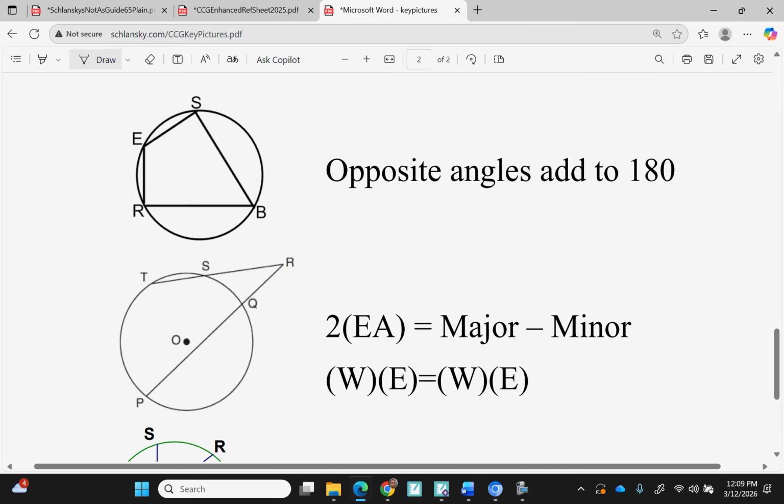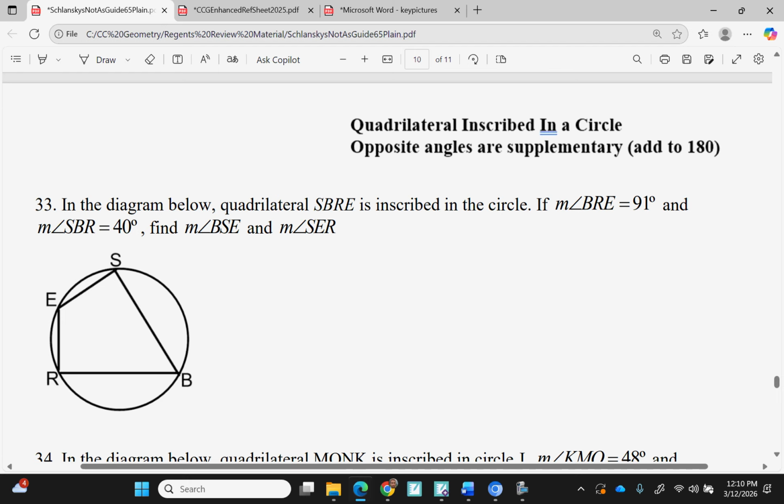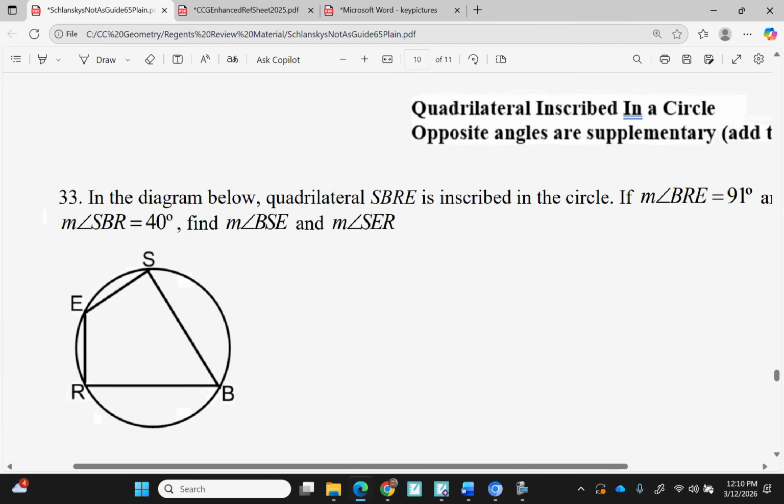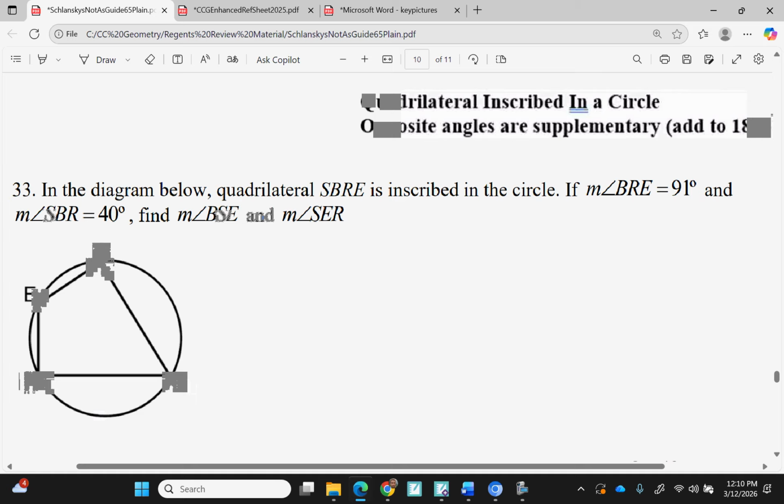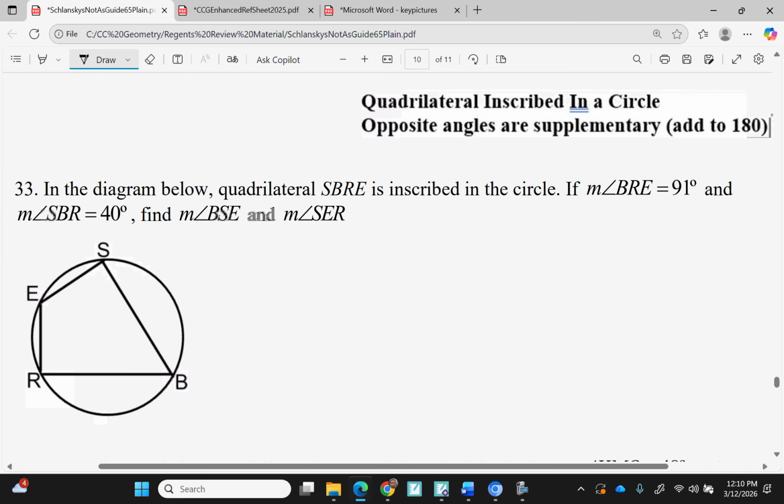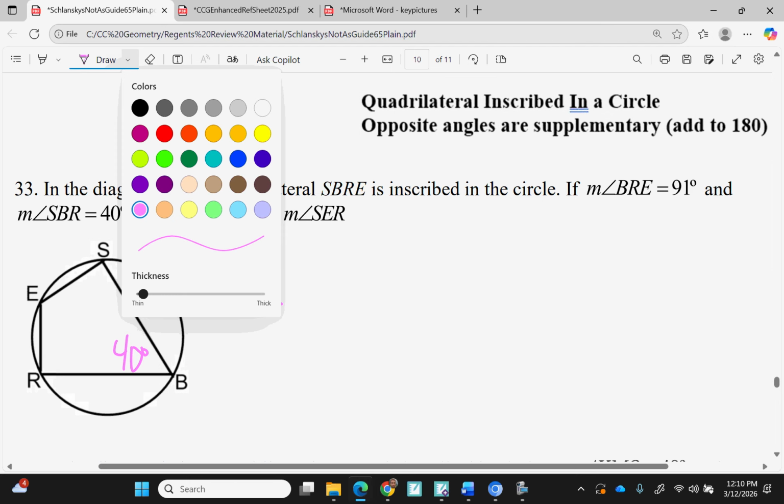When you see that picture, a quadrilateral inscribed in a circle, the opposite angles add to 180. I've got SBR. Let's get a more fun color going on here. SBR is 40. I've got BRE is 91.